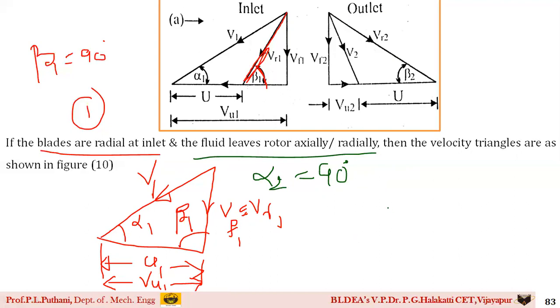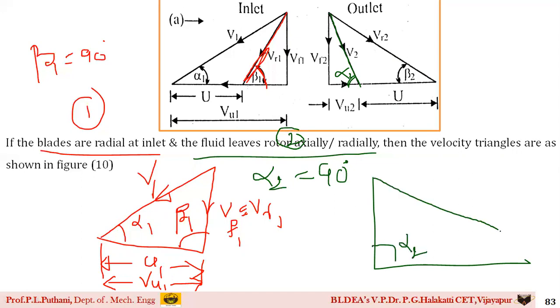Now with respect to the outlet velocity triangle, please observe here. He said the fluid is leaving radially. So this is my alpha 2, and this becomes equal to 90 degrees. So the sketch for the outlet velocity triangle, second condition, alpha 2 is equal to 90 degrees, I have drawn.